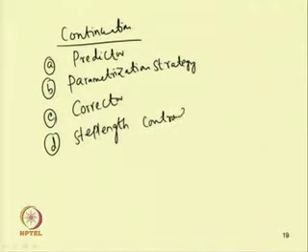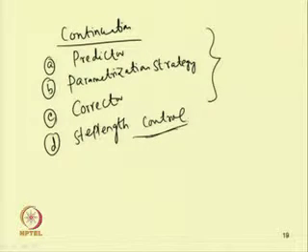The first three we can choose independently, and this last one, the step length control, depends on the other three. In the predictor method one can use an ordinary differential equation solver to find the predictor point, and then one can use the parameterization strategy and corrector to solve this.